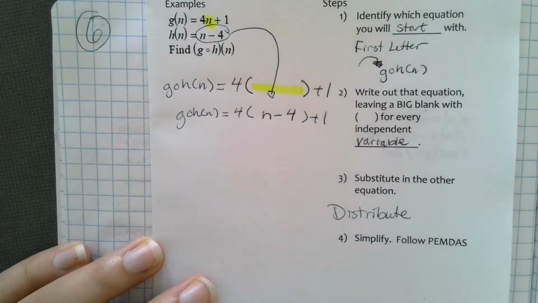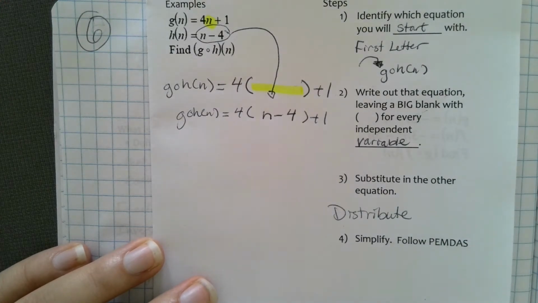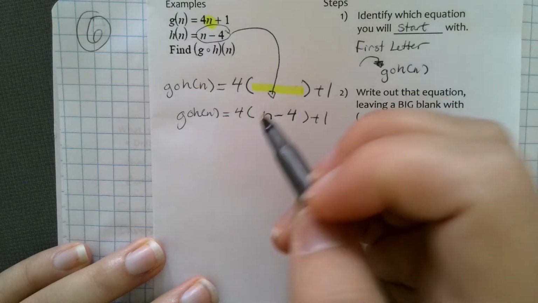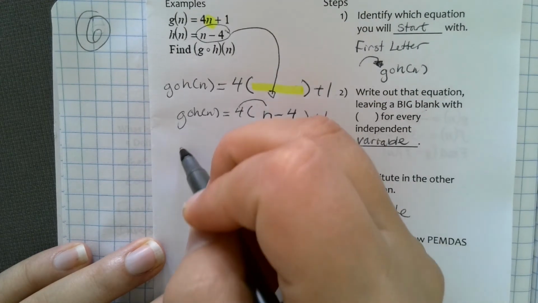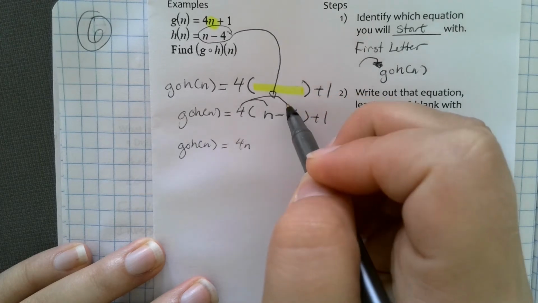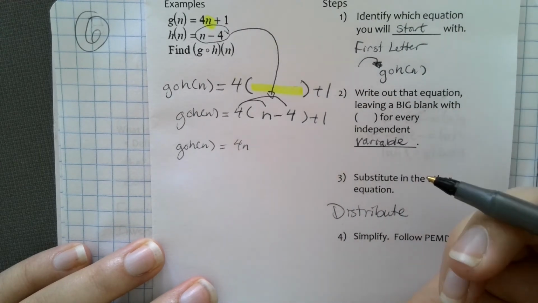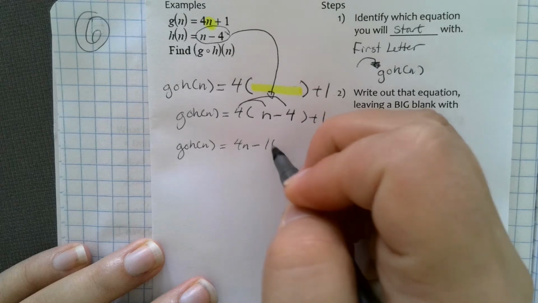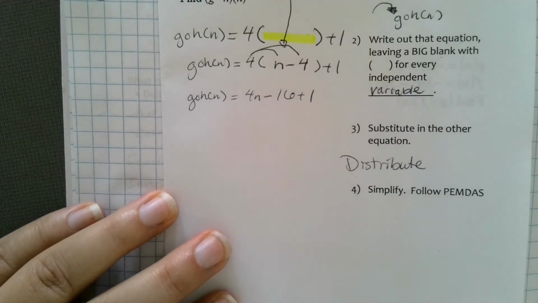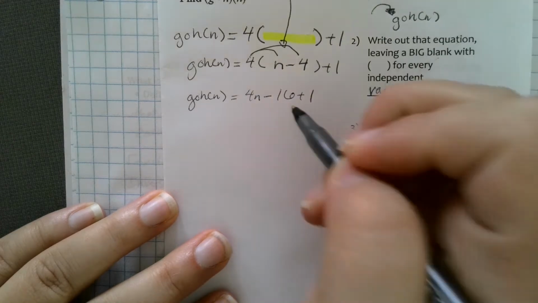That would be a really good extra credit test question, hint, hint, hint, to ask you what that's called. Why? Because don't you like extra credit? Okay, well, you don't have to answer it. What is 4 times n? 4n. Thank you. What is 4 times negative 4? Negative 16. Do we have any like terms that can go together? Yeah. What can go together? What's it make?